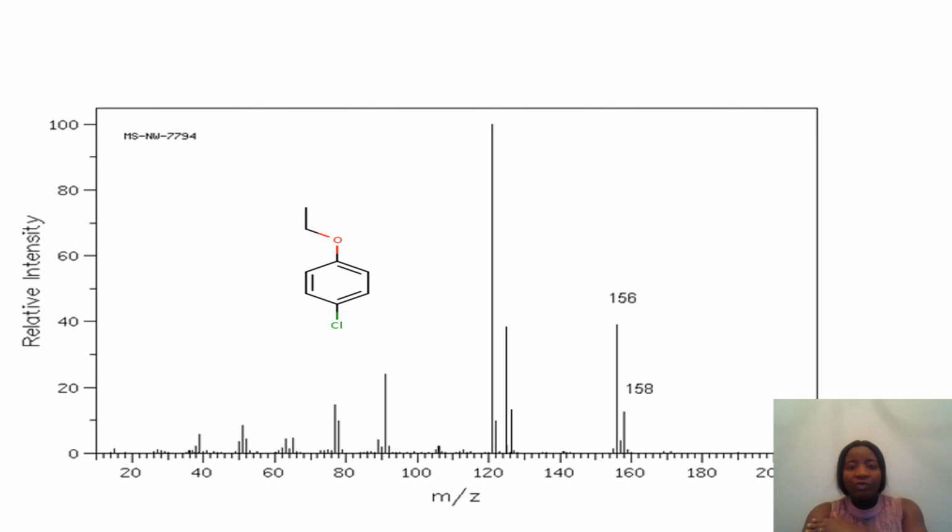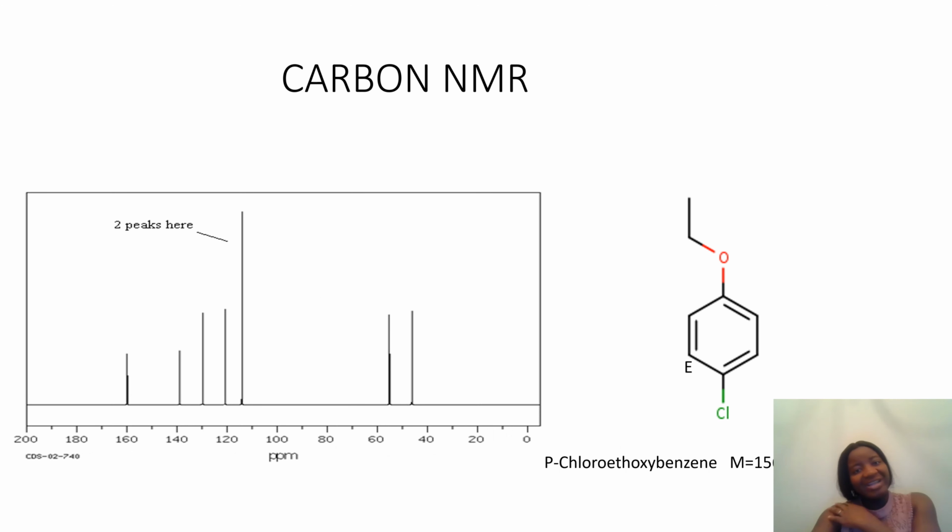So then we move to our carbon NMR. This is where I spent all my time. It wasn't easy to find out the location of carbons, but I think I came up with something. So let's see what we have.